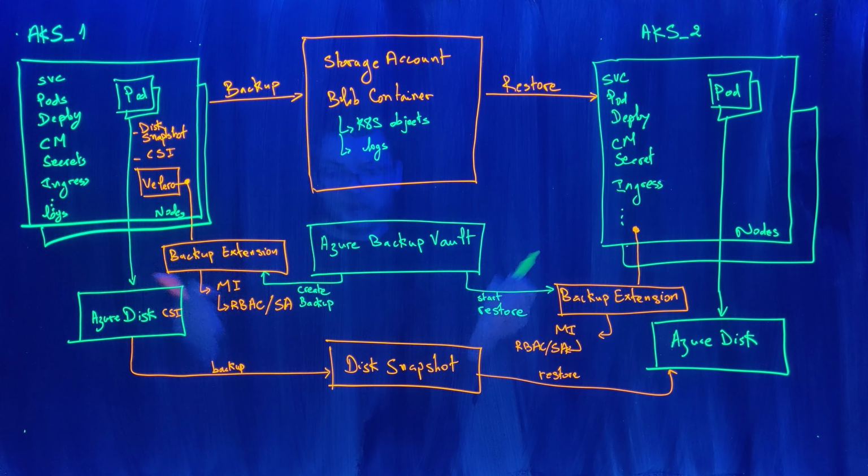This Azure Backup Vault has its own configuration also, so it will use a policy that will define the frequency, or the date and time trigger, for when to trigger those backups. It will also define an instance that will define what is the AKS cluster that we want to back up.